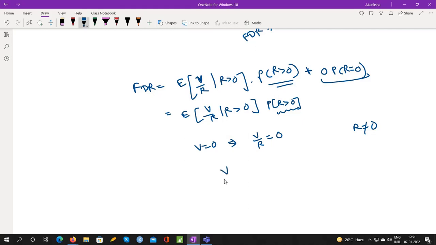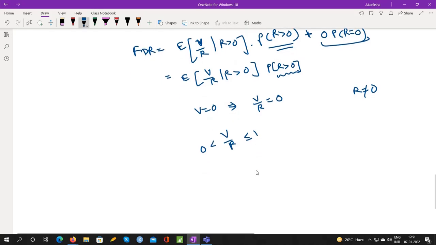And otherwise V by R is going to be between 0 and 1. Okay, so can I say that V by R is less than or equal to the indicator of V greater than or equal to 1?